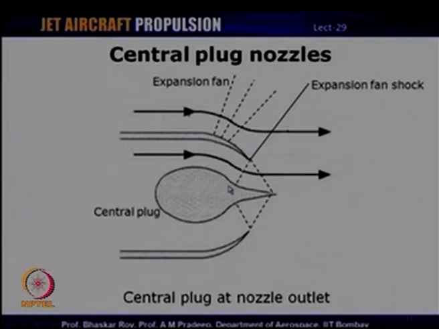Same way we have discussed for an intake, the central spike or the ramp can be adjusted to achieve a variable intake area. The nozzle exit area can be changed or varied as we change the location of the central plug. So, this is one type of nozzle which has a central plug.